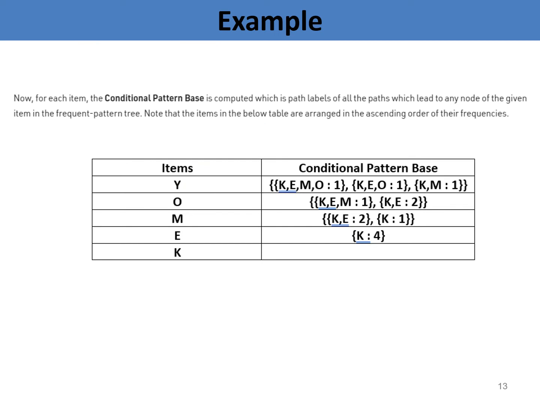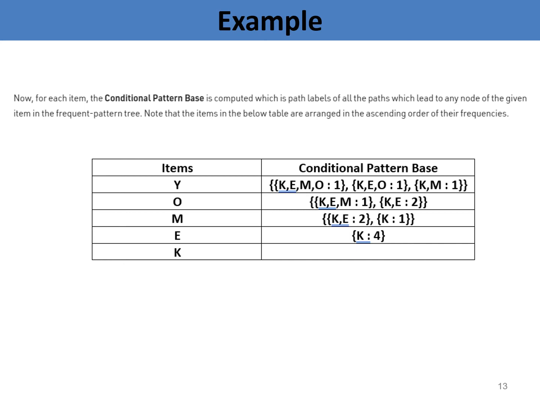Now for each item, these are the original items whose support is greater than or equal to 3. The conditional pattern base is computed, which is the path labels of all the paths which lead to any node. Now, we have to basically mention the path over here that leads to item Y. We have to mention the path over here that leads to item O. If there are multiple paths, we have to mention them with their support value. So to Y, there are 3 paths.